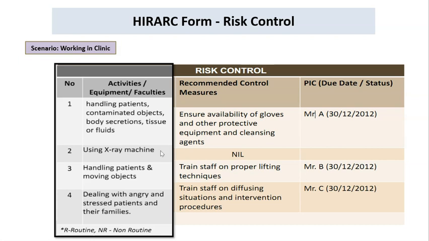For X-ray machine, they have done for the existing, so no need to have more recommended control measure. And for handling the patient, moving the patient, they recommend for trained staff on proper lifting technique and dealing with the violent. So they recommended for the trained staff on diffusing situation and intervention procedure. So you have to fill up with this information.